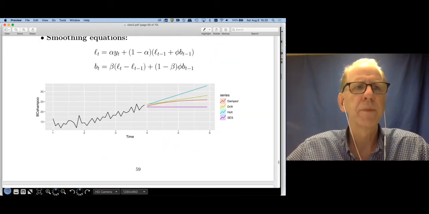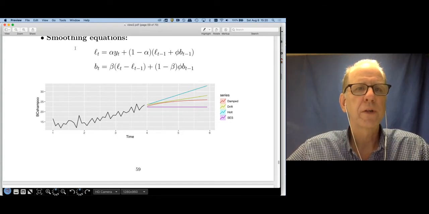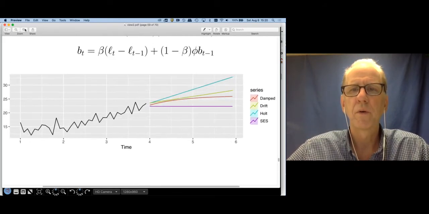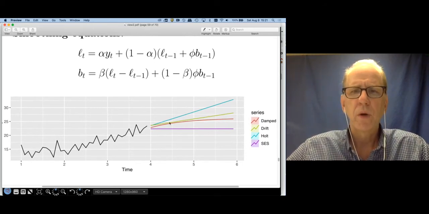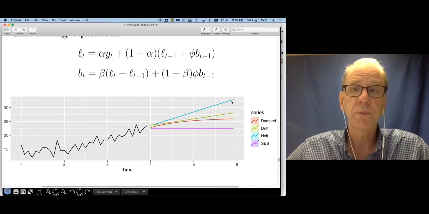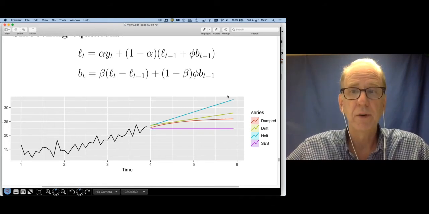And I think this picture is very clear in terms of what happens with these methods. So as we saw before, Holt's method picks up on the fact that the slope is increasing towards the end a bit. And here it looks like it's a bit flat and then it increases. And therefore Holt's method projects out as a line into the future.